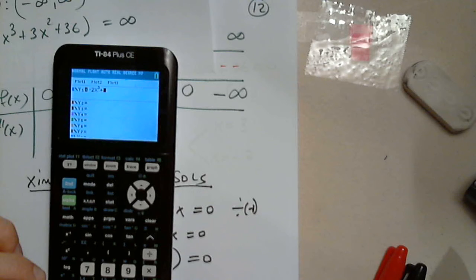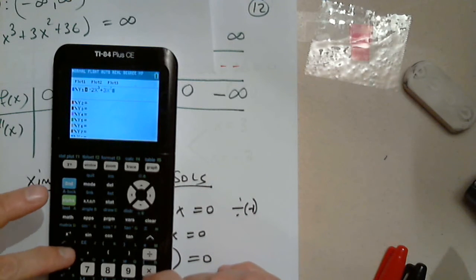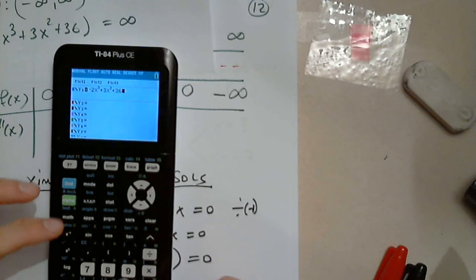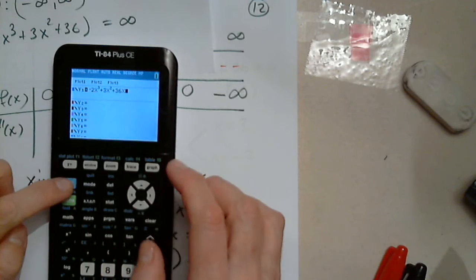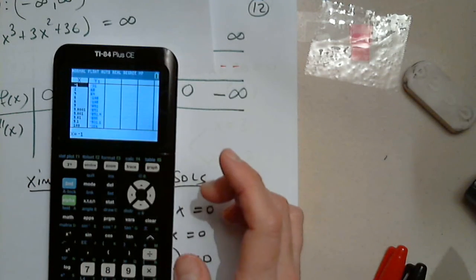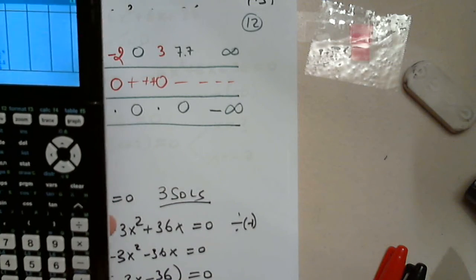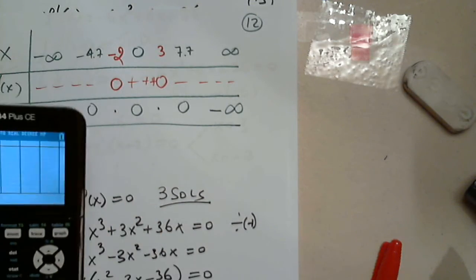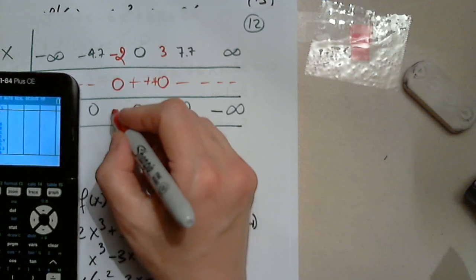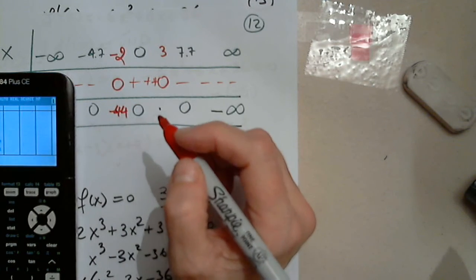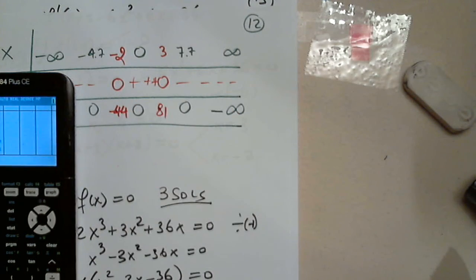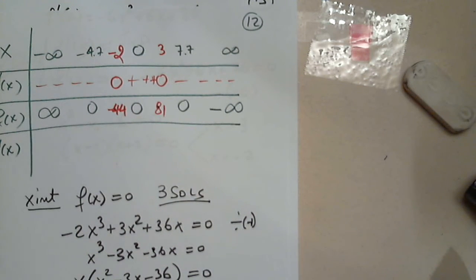Nobody's stopping me, so I'm hoping that you're following. I go to second and table, and I plug in negative 2 and 3, and I got negative 44, and I got 81. Okay.